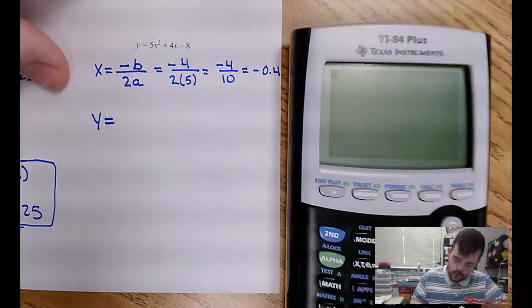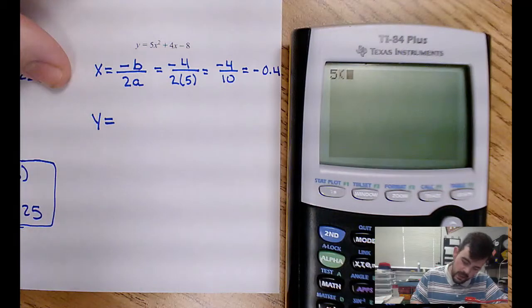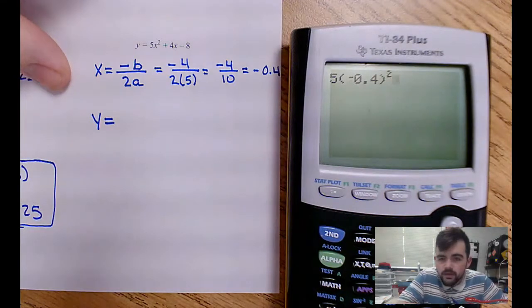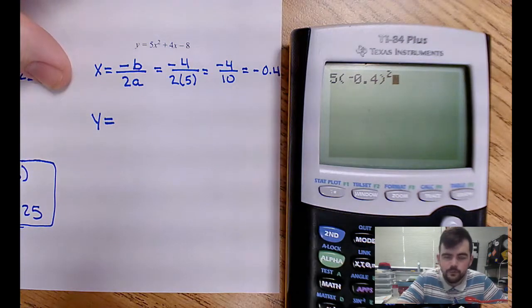Maybe not. 5 times negative 0.4 squared. Now one thing, that 0 in your calculator is not actually all that important. So negative 0.4 is the same thing as just negative .4.